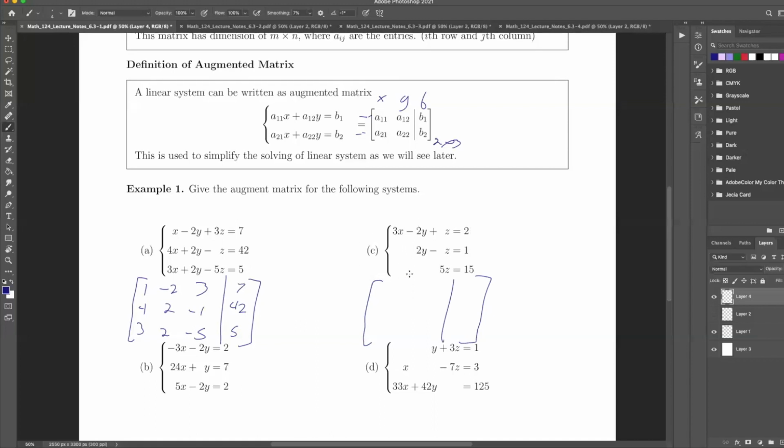Here, if we don't have an entry, we're just going to put in zeros. And so here we have 3. We have no x and no x, so we'll have 0 and 0. Here I'll have -2, 2, and no z or y here, so it's 0. And then here we have 1, -1. Please make sure to grab the negative. And then 5. And then we have 2, 1, and 15.